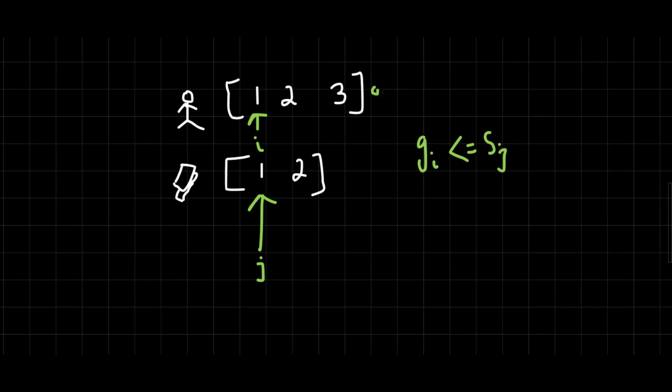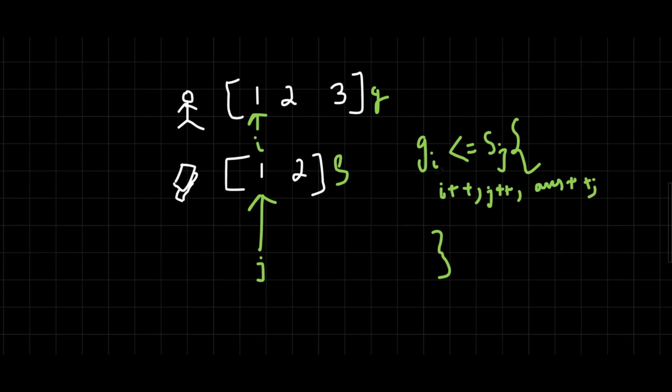Suppose this is the g array and this is the s array. So here, if this condition becomes true, in this kind of case, the student is satisfied. If this happens, we have to simply upgrade our i pointer, upgrade our j pointer, and upgrade our answer.